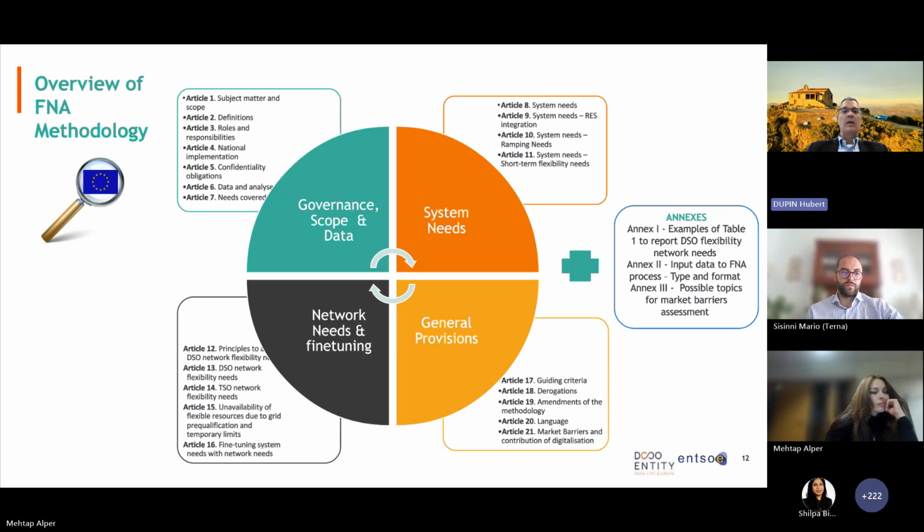And finally, this methodology was to provide guiding criteria on how to assess the capability of flexible resources to cover the needs. So we have inserted some provisions on how to describe the guiding criteria.